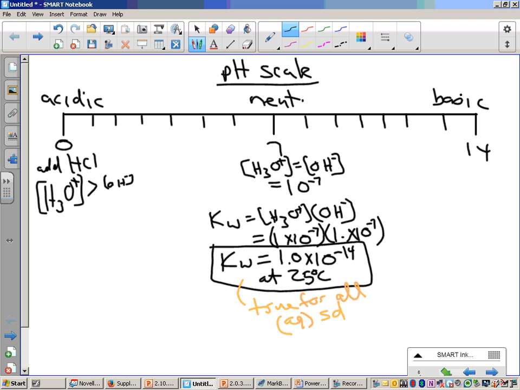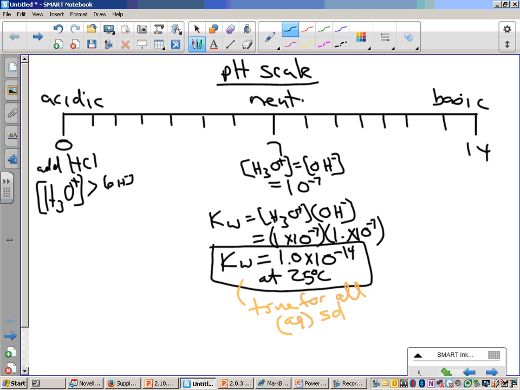It's as if the water game that was going on had this nice balance between the H3O plus and the OH. It's like it became unfair, and a bunch of H3O plus competitors came in. That means the OH guys didn't have a chance. They're going to be transferring H pluses to the OH, turning them into water, and that concentration is going to go way down because they're going to be transferring their things over.